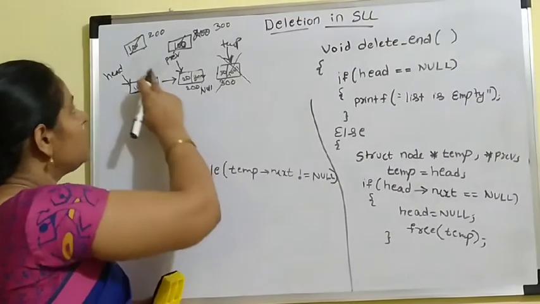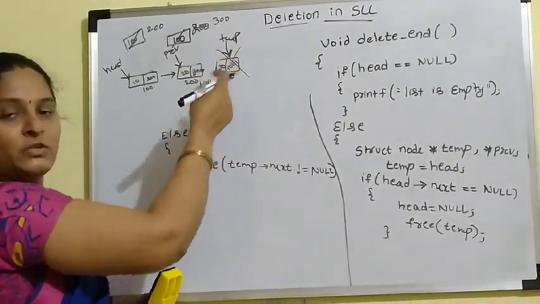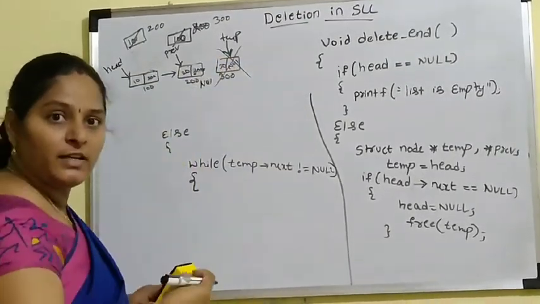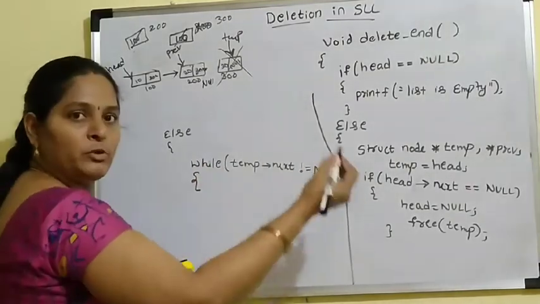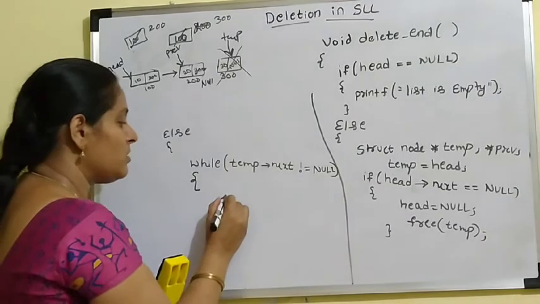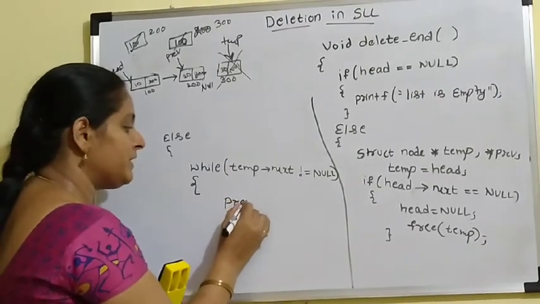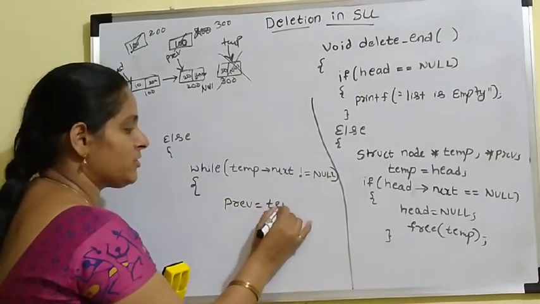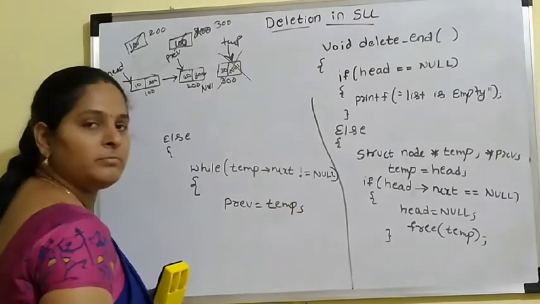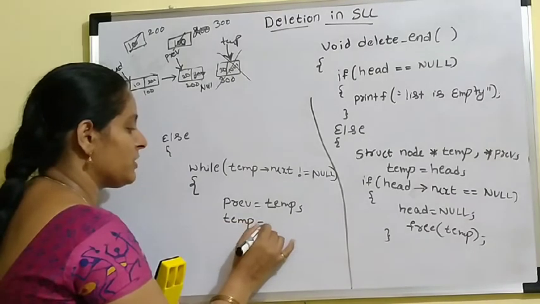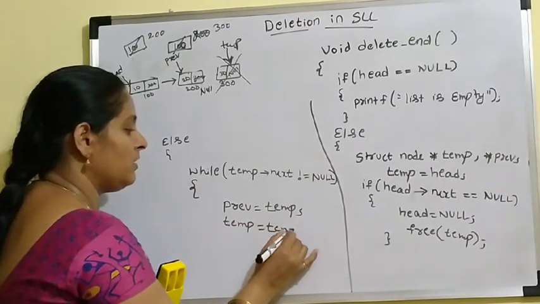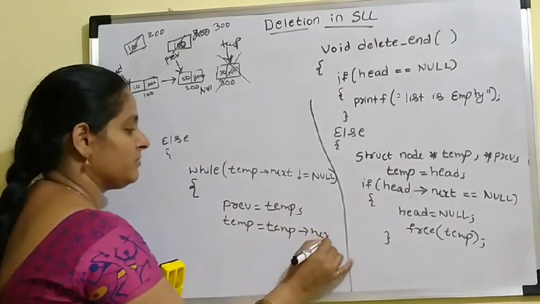So here, before moving temp to the next location, what we are doing? We are assigning the temp address to the previous pointer. Then we are moving the temp pointer to the next position. So assign temp address to the previous pointer, then move temp to the next location: temp equal to temp next.